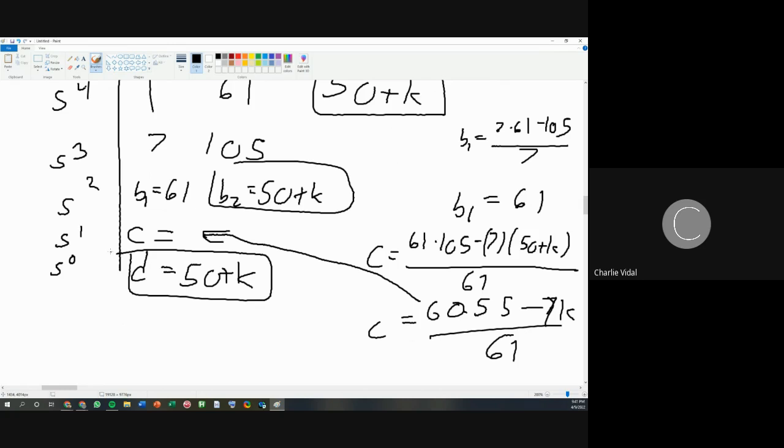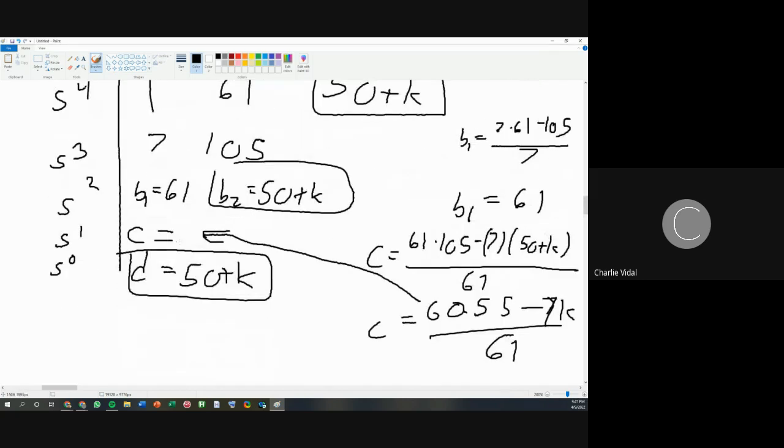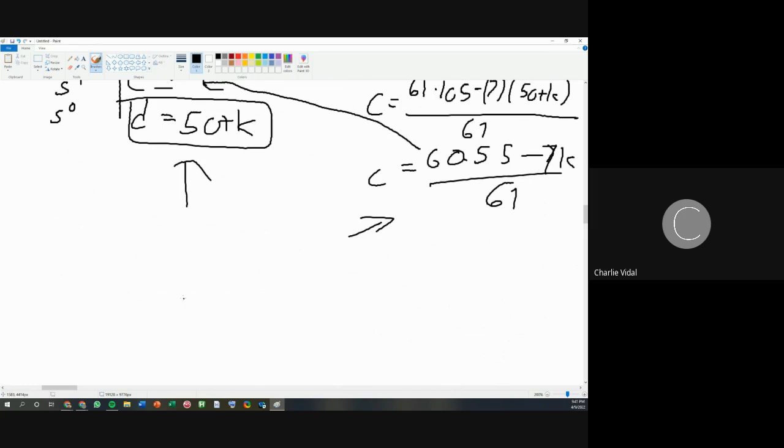Okay, I have that. Now we're going to find where the system is stable. Do I even have to do this? I'm not too sure, but we'll do it anyway. We check the C and the D. We're going to do 6055 minus 7K divided by 61 is greater than 0.